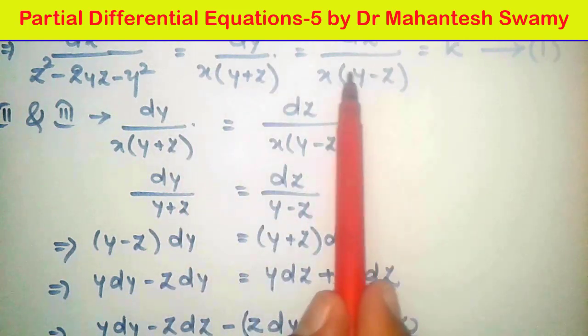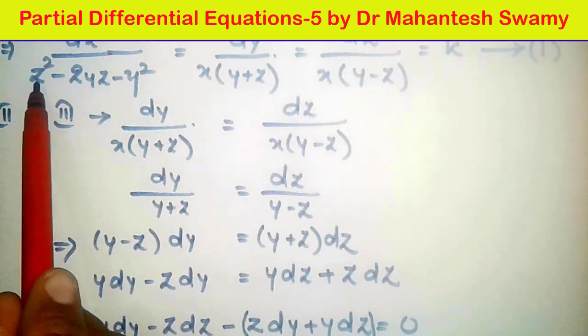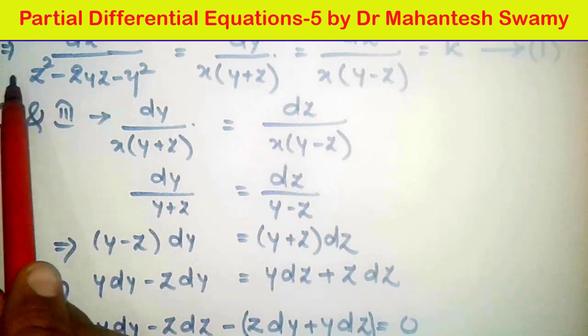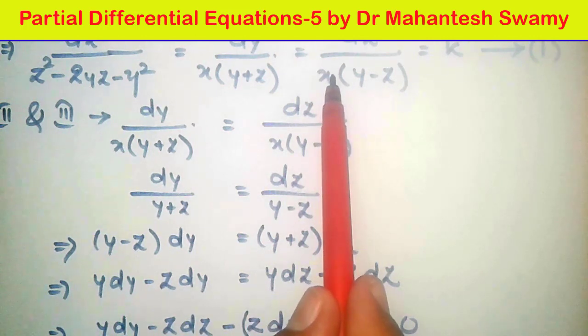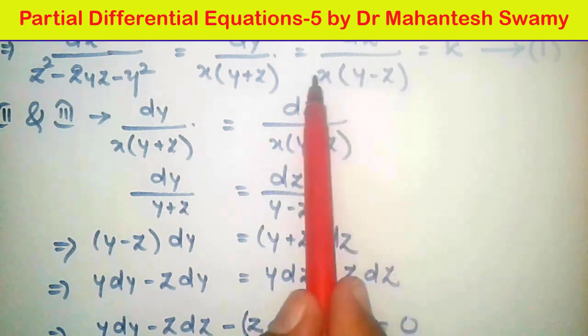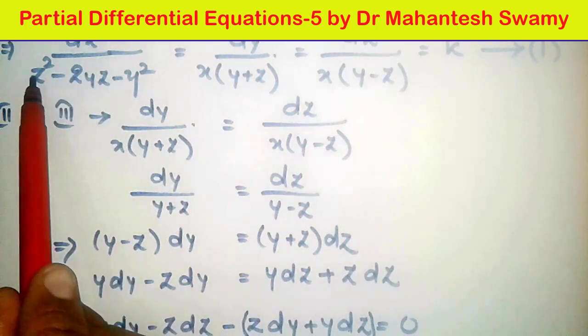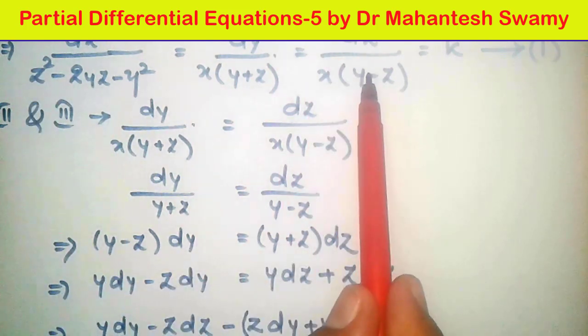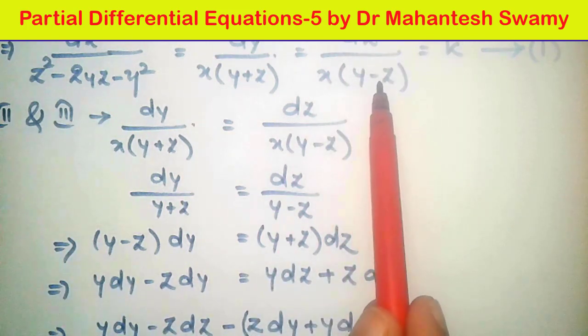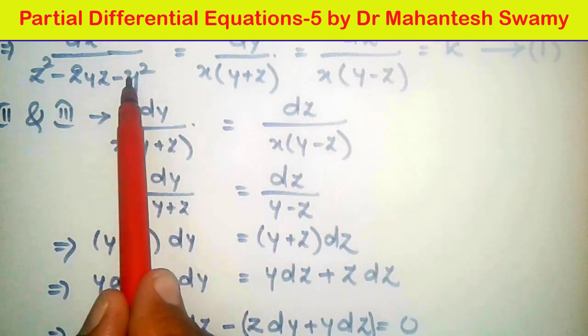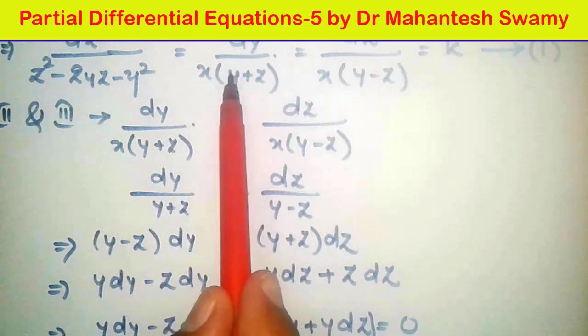Here we are having minus xz. So this term, if we multiply by x, it will be plus xz square, and if we multiply this with z, it will be minus xz square. So the first multiplier should be x, the third multiplier should be z, so that these two terms cancel with each other. And here it is minus xy square, it is plus xy here.